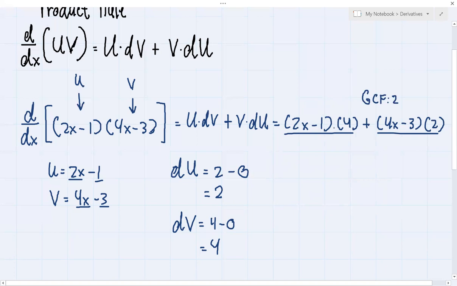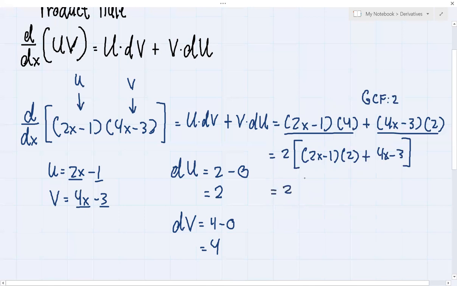So let's factor out 2 in this expression. So magiging 2 times quantity, 2x minus 1 times 2 plus 4x minus 3. Yan na yung magiging itsura niya. That's it. Okay? Kumbaga parang pinactor out ko si 2 dito sa expression na to.